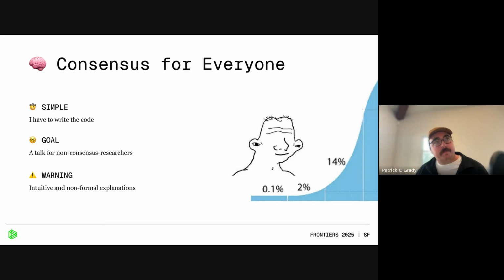And so when I started to get a better understanding of consensus, this delta really bothered me, and I found it really difficult to implement traditional PBFT-style or chained consensus style things in code. Now, that's probably a skill issue on my part, but at the same time, it's complicated.